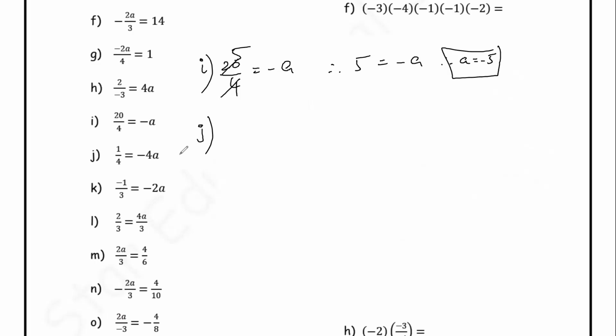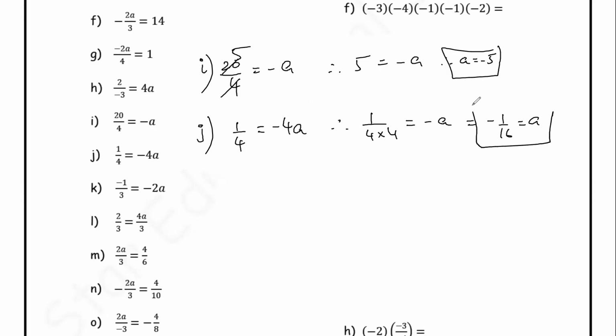J. 1 by 4 is equal to negative 4A. Therefore, I'll divide both sides by 4. So I'll get 1 over 4 into 4 is equal to negative A, which is negative 1 by 16 equal to A. Same thing. Got it?